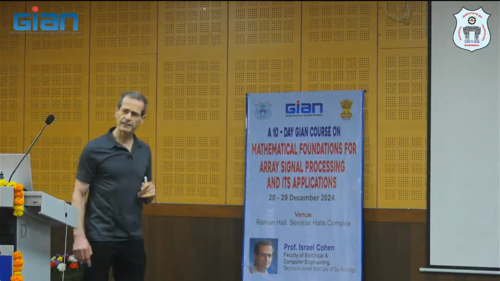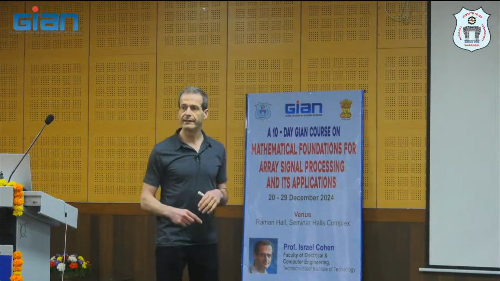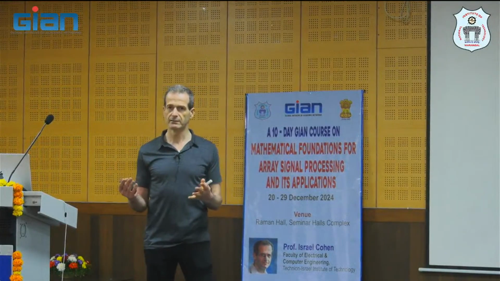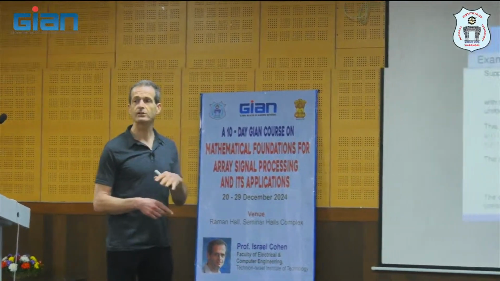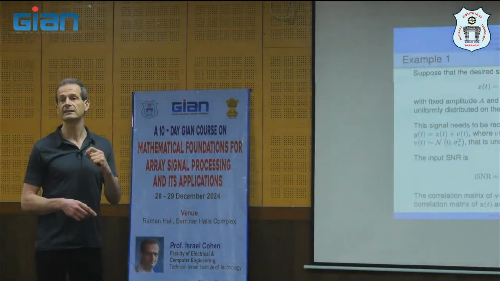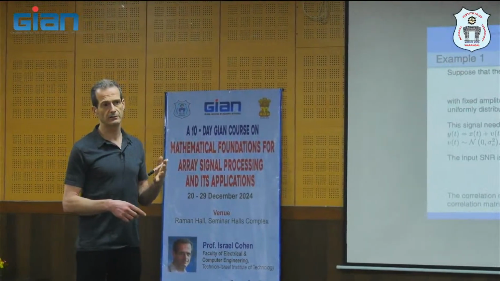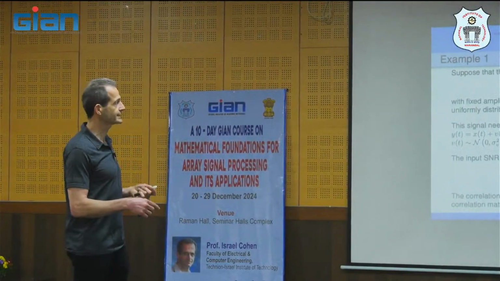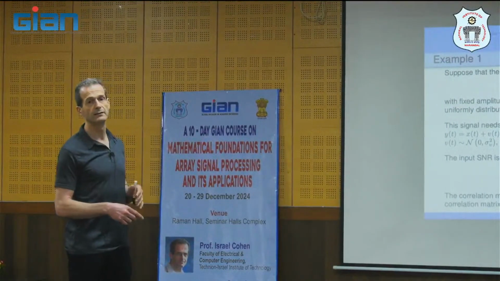So actually, in practice, if we know this model, if you know the signal, and the signal has some parameters, it's better to estimate the parameters of the signal and not the signal itself. Okay? So usually it's called estimation of parameters. So we will estimate the amplitude, we will estimate the frequency, and we estimate the phase.